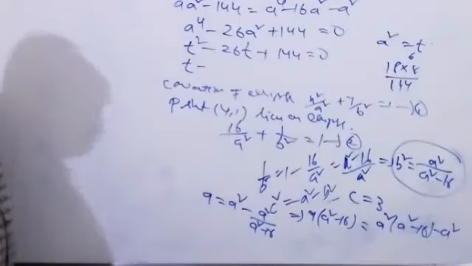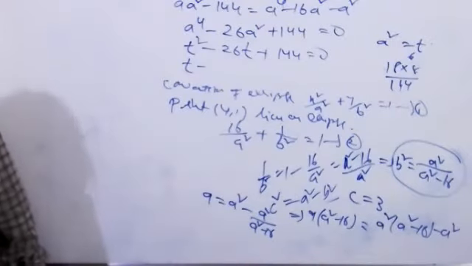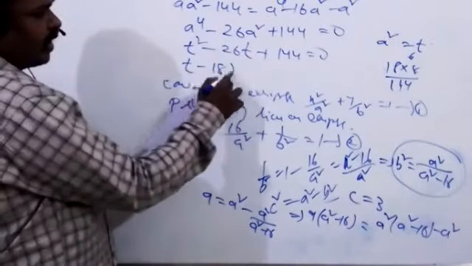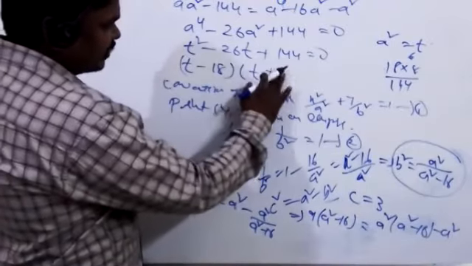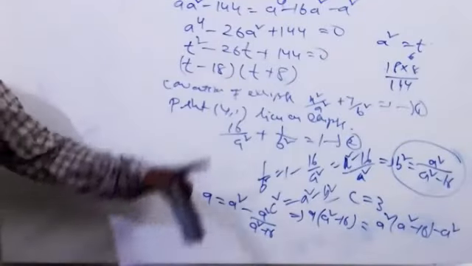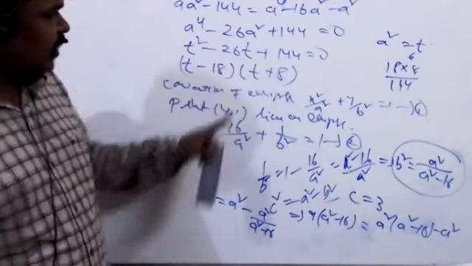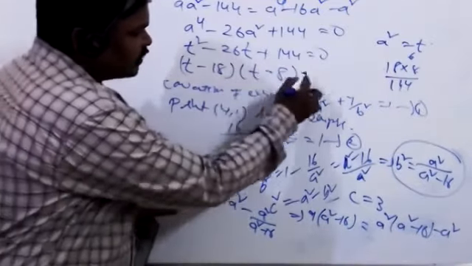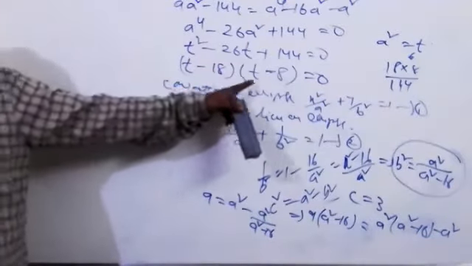t minus 18 and t minus 8, right? t is equal to 18 and t is equal to 8.